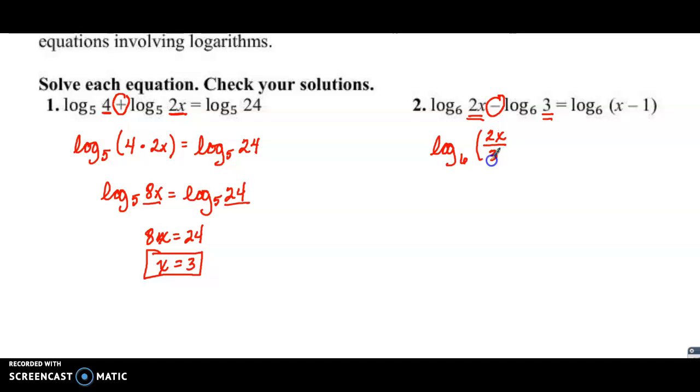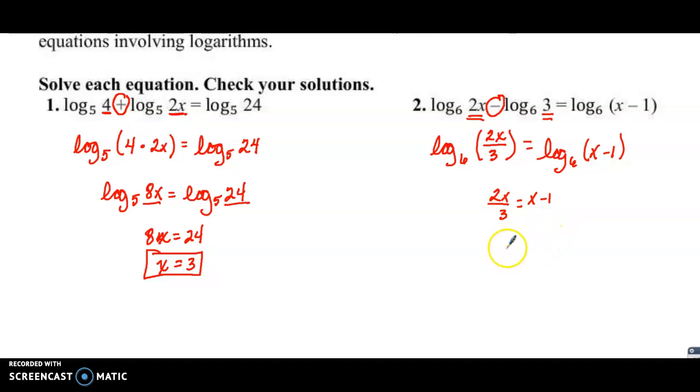So 2x divided by 3, and it's always the first divided by the second, equals log base 6 of x minus 1. So once I have log base 6 and log base 6, I know their insides must be equal to each other, so I can write that as an equation: 2x divided by 3 is equal to x minus 1.